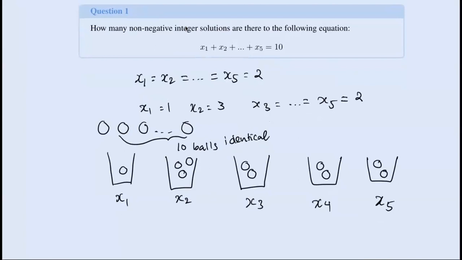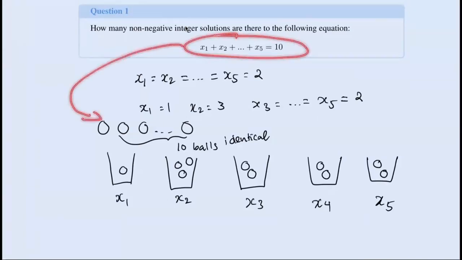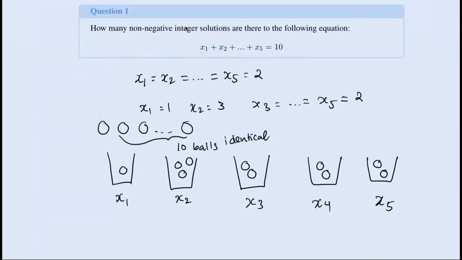So here is a problem of how many ways are there we can distribute 10 identical balls into 5 bins like this. So from this problem, we convert it to this problem. Does this step make sense, or does anyone have any question? Please make sure that you understand everything here.